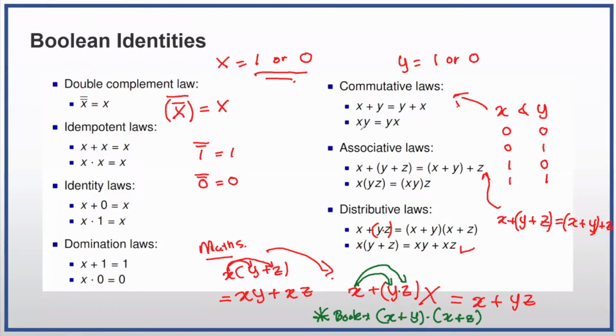There's one message that mentions, can we do the simplification using Karnaugh maps? So Karnaugh maps are not dealing with these identities. Yes, you can use Karnaugh maps in simplifications, but normally we use Karnaugh maps to get the Boolean expression from a given truth table.